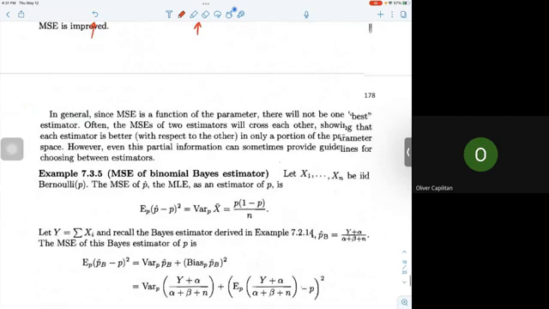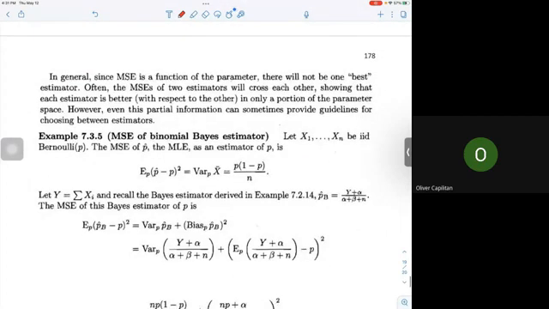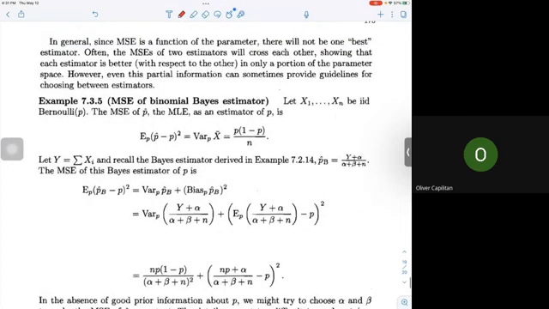In general, since MSE is a function of the parameter, there will not be one best estimator. Often the MSEs of two estimators will cross each other, showing that each estimator is better than the other in only a portion of the parameter space. However, even this partial information can sometimes provide guidelines for choosing between estimators.